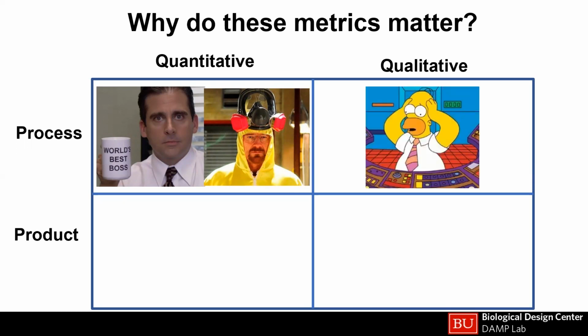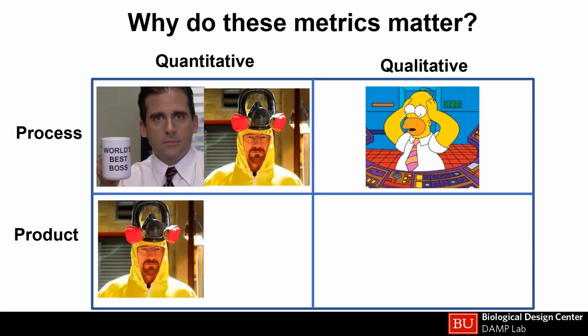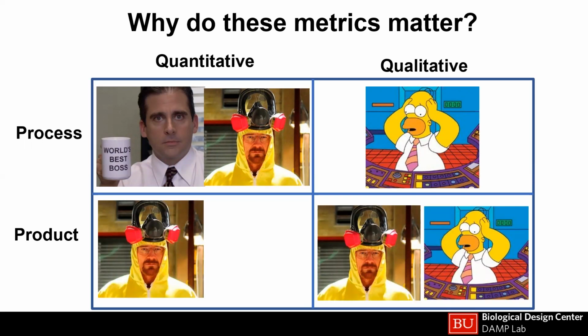Qualitative metrics around the process are important for the operators, so we aren't pulling our hair out. Quantitative metrics around the product are very important to the customer, and qualitative assessments of the product are also important to the customer and the operators: how that product is managed and the quality of it. So you can see that the customer, or whoever is interacting with the lab, really shows up a lot in these metrics.